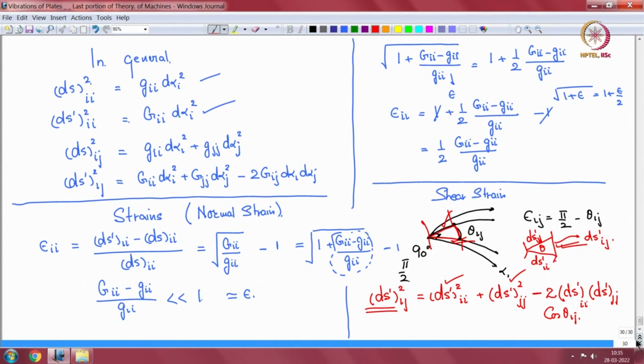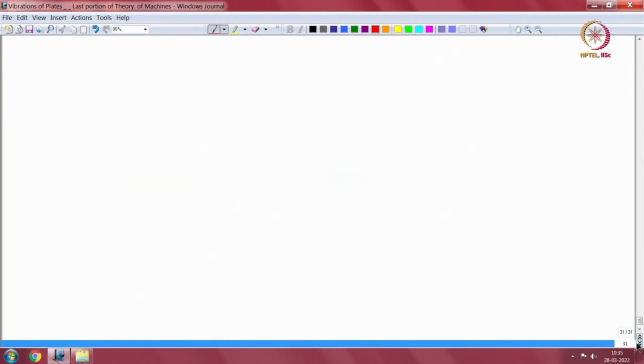Okay, if I have a triangle and I know the included angle theta, I know this distance and this distance, then this distance squared is given by this formula. Okay. Now, we also know from this formula here. Okay, so let's rewrite this. So ds dash ij squared is equal to ds dash squared ii plus ds dash squared jj minus twice ds dash ii ds dash jj cos theta ij.